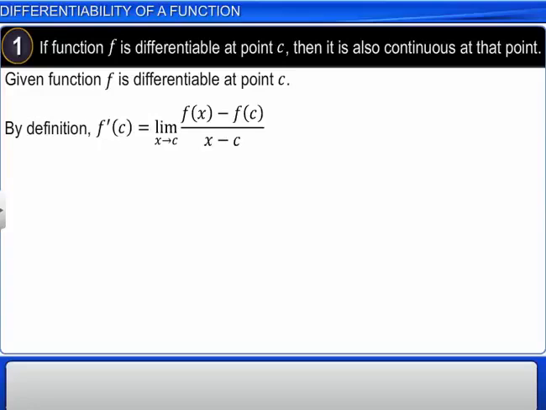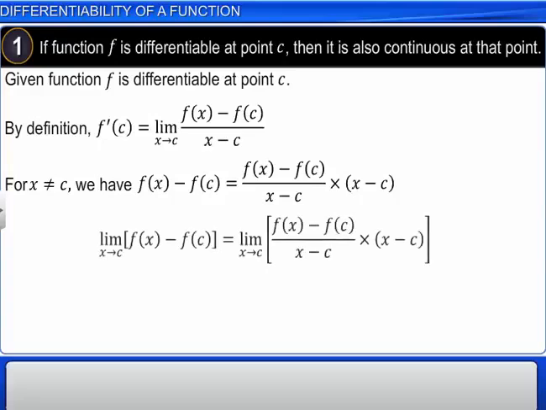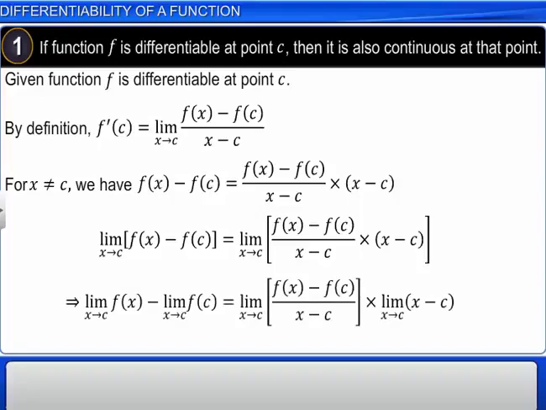For x not equal to c, the numerator f of x minus f of c can be written as shown. Now, let's take the limit on both the sides when x approaches c. By using the algebra of limits, we can write the limit of the product of two functions on the right-hand side as the product of their limits.